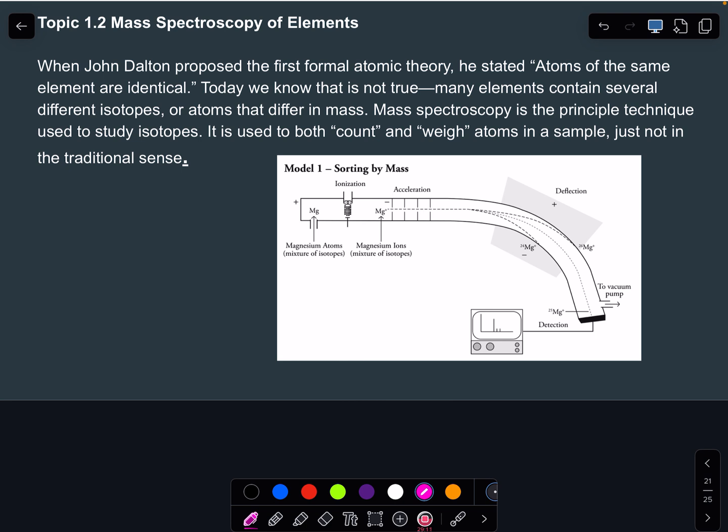What is a mass spectrometer? What was the question? When the ions become... Okay, awesome. Go ahead, rotate jobs and look at model 2.